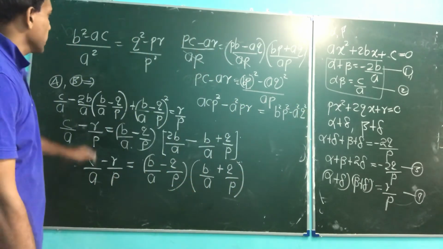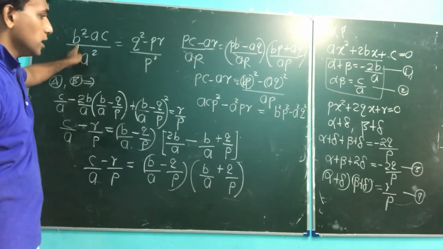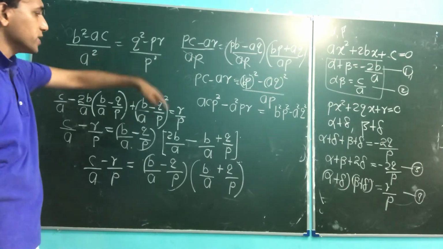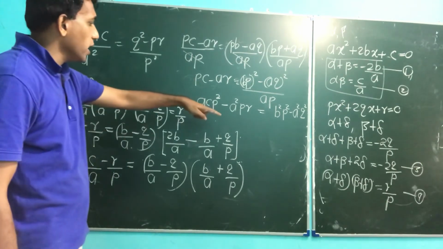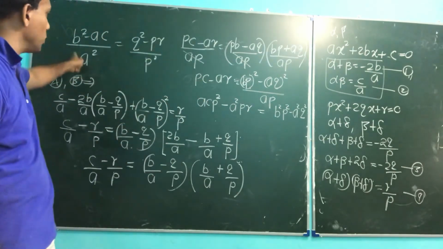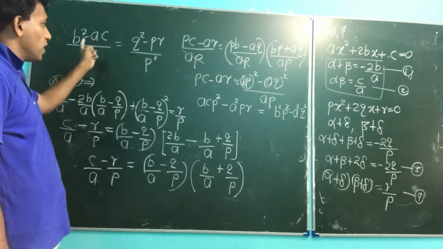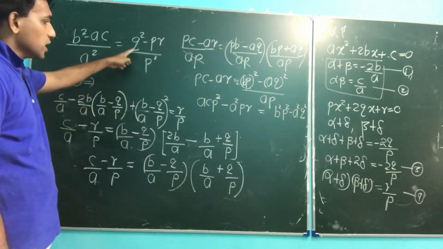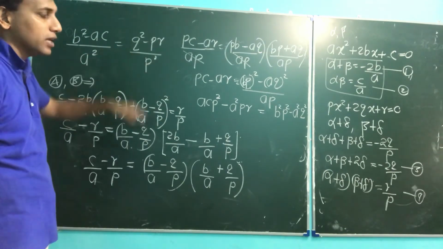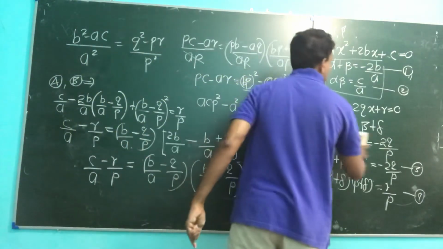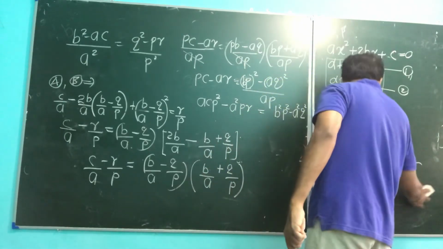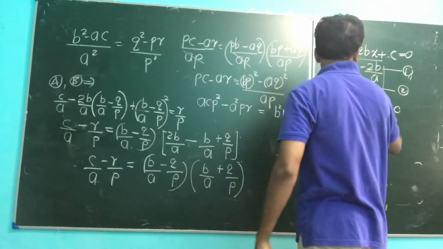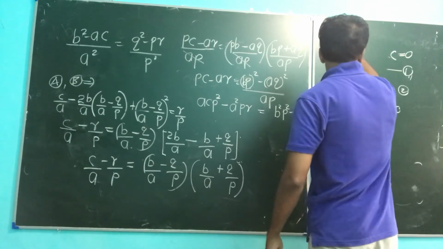Now decide the method using the answer. B square AC on one side, Q square PR on the other side. Check, will you? B square on one side with the AC, Q square on the other side with the PR. So rearrange. Long problem, right? The longest question, important. Expect this question in any exam.